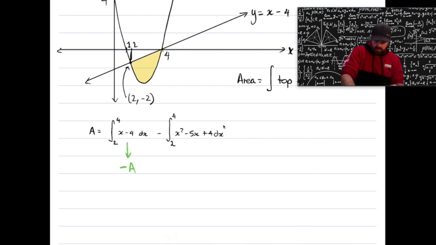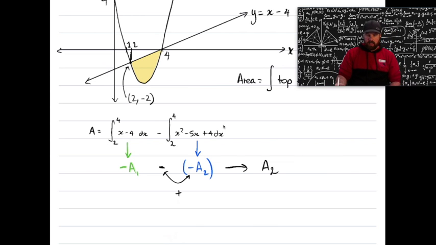And we know that for the exact same reason, this is also going to produce a negative response. But what we have in between them is a minus sign, and that negative sign next to that is going to become positive. So this actually becomes all of area 2 minus area 1, which is what intuitively, instinctively we want to do in this kind of situation.